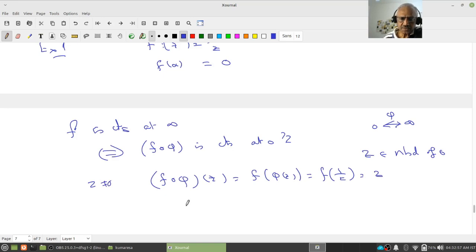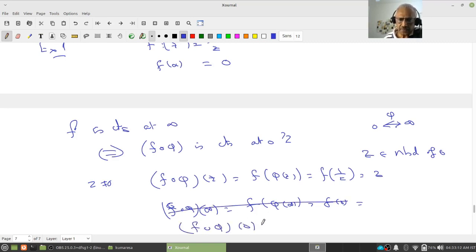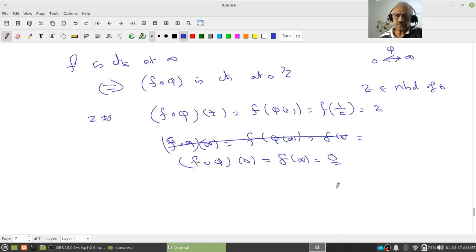And if z is 0, that is f composite phi at 0, which is f of phi of 0, which is f of infinity, which is 0. You understand? Therefore f composite phi in a neighborhood of 0 is the identity function z going to z. This is continuous at 0.